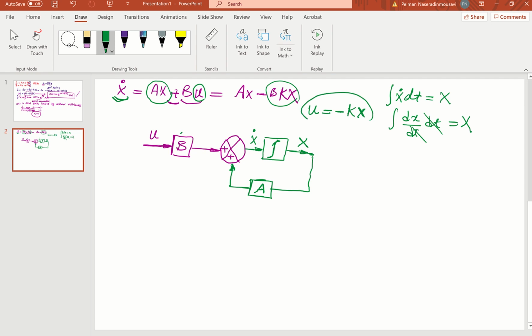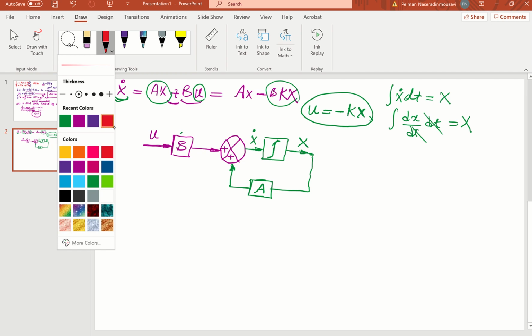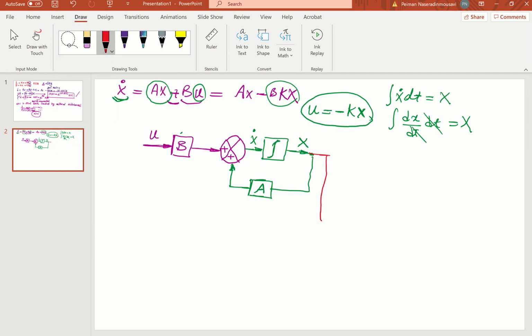This is the controller that we designed. The name of the controller is state feedback. So we got the x, so x comes here, multiplied by what? You tell me. Multiplied by minus K. This is minus K. So this gives you what?